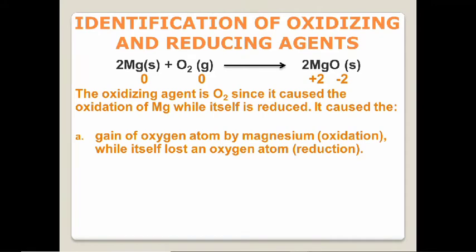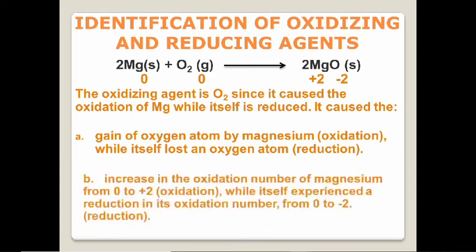And oxygen itself has its number of atoms decreased from 2 atoms to 1 atom, and that is reduction, showing that oxygen has caused the oxidation of magnesium, while oxygen itself is reduced. Therefore, oxygen is the oxidizing agent.